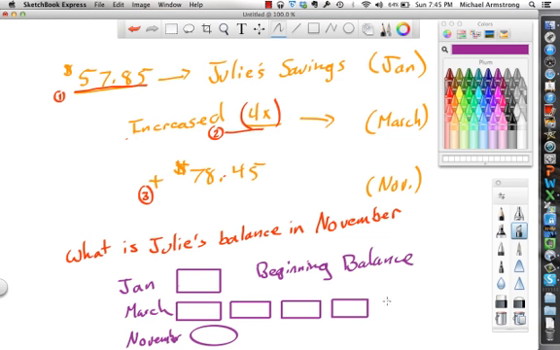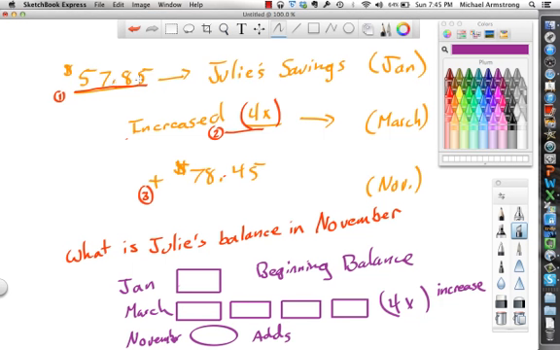This is 4 times. This is what increases, 4 times increase. And then somehow between March and November she adds some more, and that's why I wrote a circle, because it's not a multiplication problem. So we have a beginning balance, we multiply that by 4, and then we add something. Okay, so you can see what's happening.